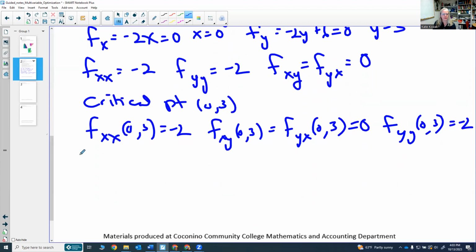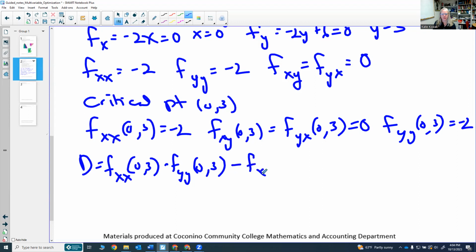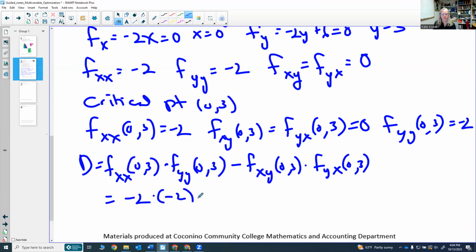So D is equal to f sub xx evaluated at (0,3) times f sub yy at (0,3) minus f sub xy at (0,3) times f sub yx at (0,3). So that will be negative 2 times negative 2 minus 0 times 0.